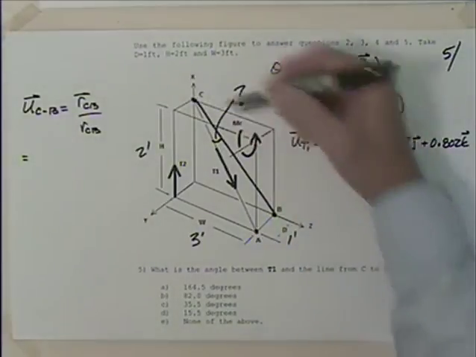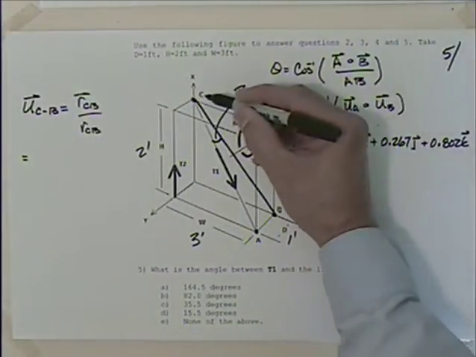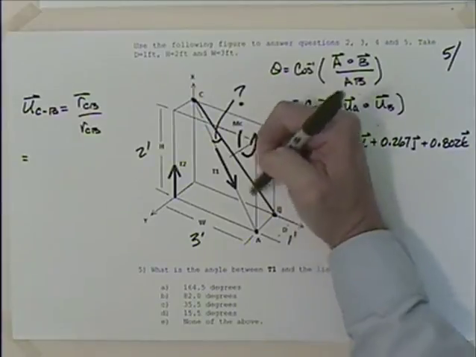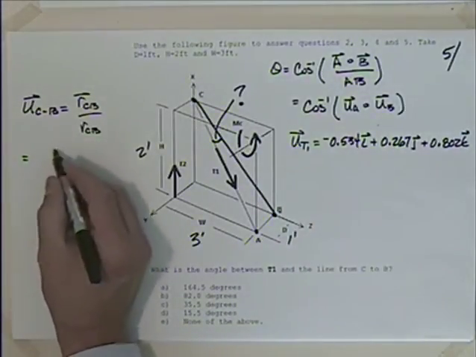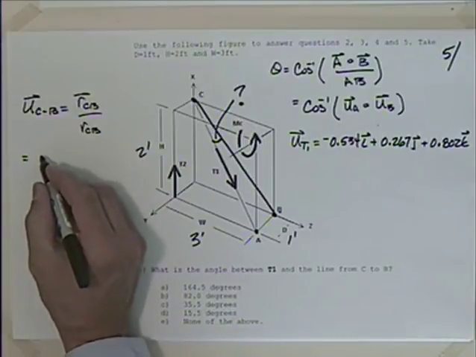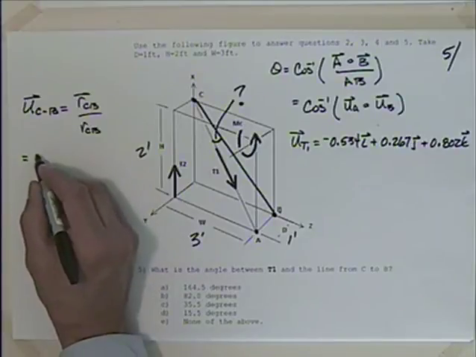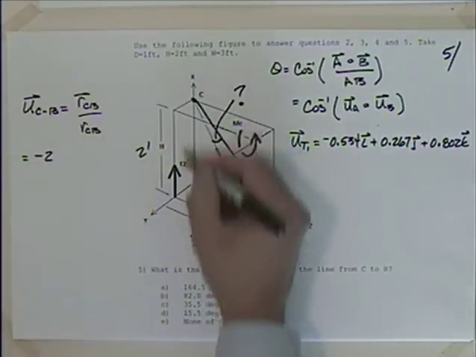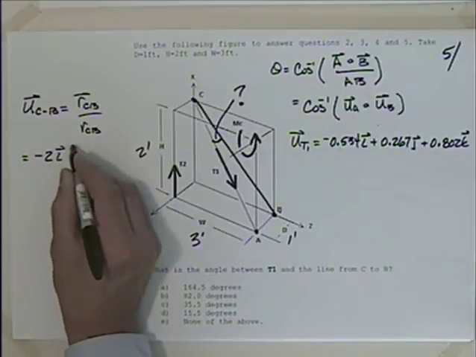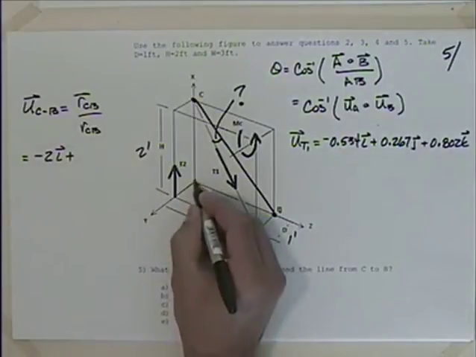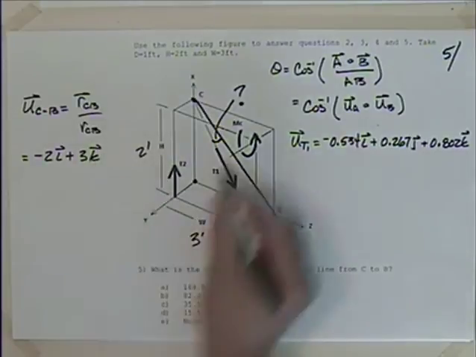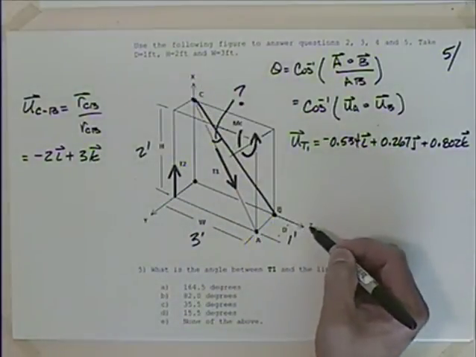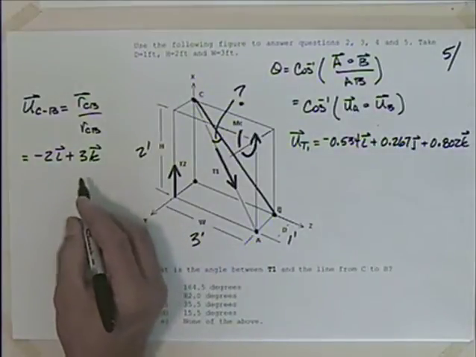Imagine yourself at C. Again, you could take the points at B and subtract the points at C, but I would just imagine myself at C and give myself instructions on how to get to B. I'm going to have to go -2 in the x direction, plus +3 in the k direction. You'll notice that it's contained in the xz plane, so you have 0 in the y direction.